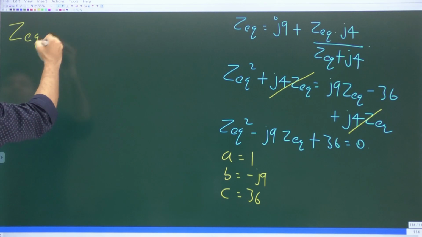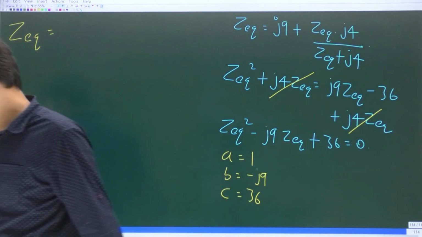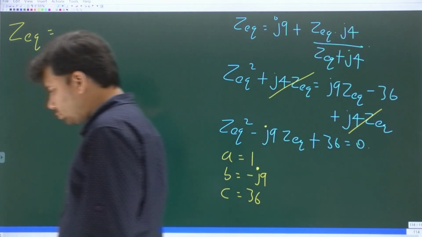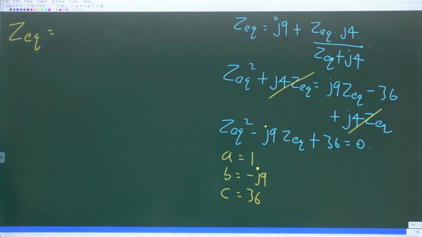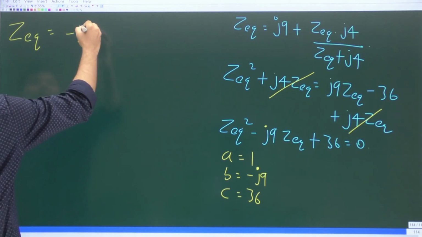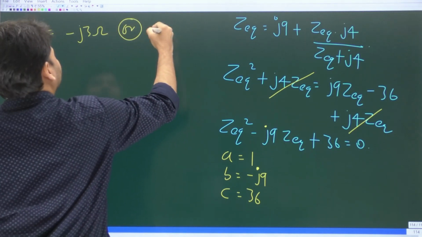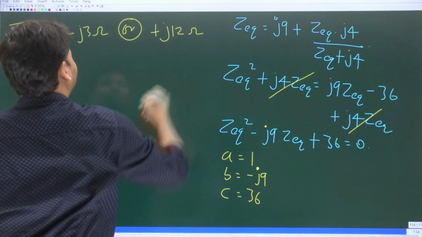Minus 3j and 12j. Others please confirm. Very good, thank you. So Z equivalent is minus J3 ohms or plus J12 ohms.